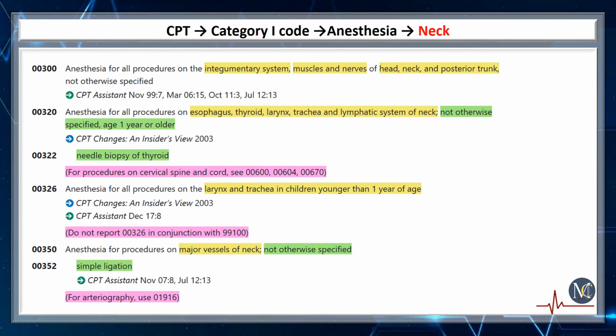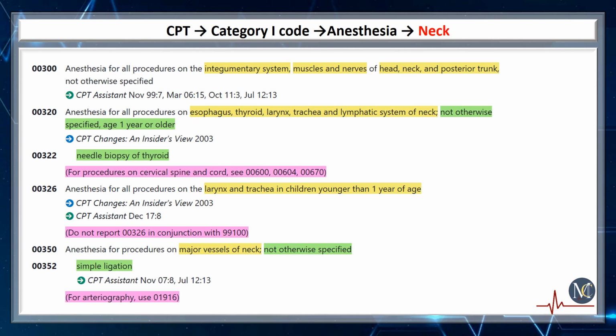In the parenthesis, there is an instruction for procedures on cervical spine and cord, see 00600, 00604, or 00670. Our next code is 00322, needle biopsy of thyroid. Next code is 00326, anesthesia for all procedures on larynx and trachea in children younger than 1 year of age.